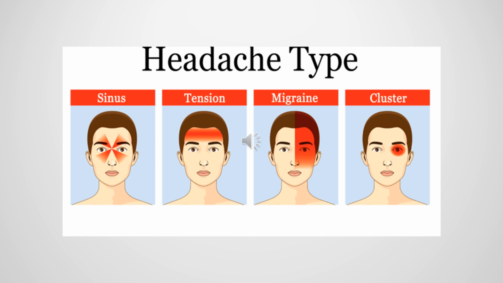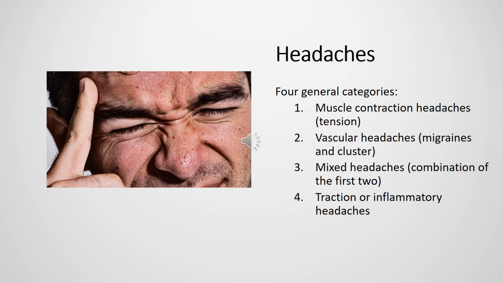There are several different classifications of headaches, such as sinus, tension, migraine, and cluster headaches. There are 4 general categories of headaches, which are muscle contraction, vascular, mixed, which is a combination of the first 2, and traction or inflammatory.